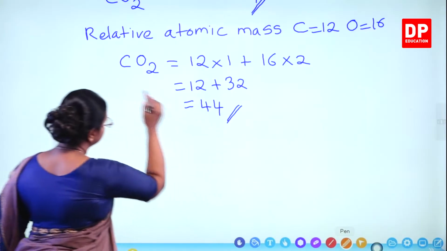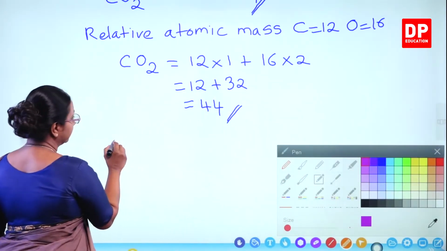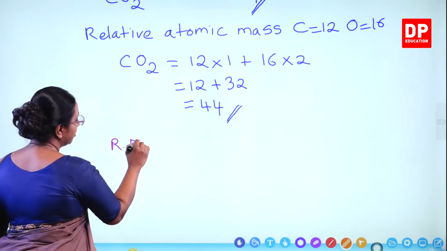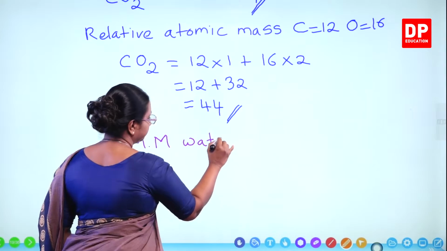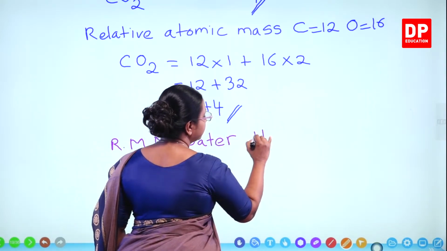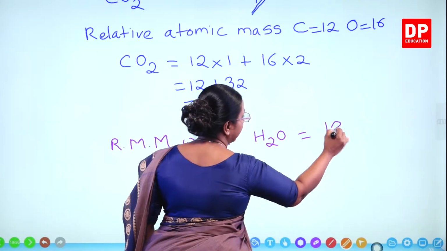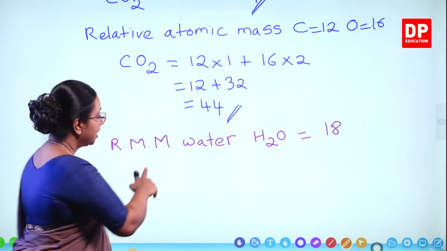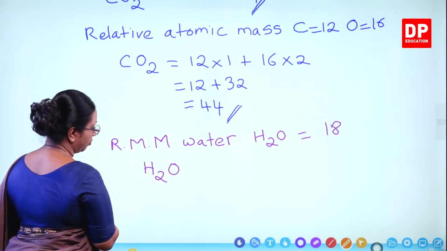The similar one that we did before, we calculated the relative molecular mass for water. That is H2O, and we calculated it as 18. Now you know the molecular formula, H2O.